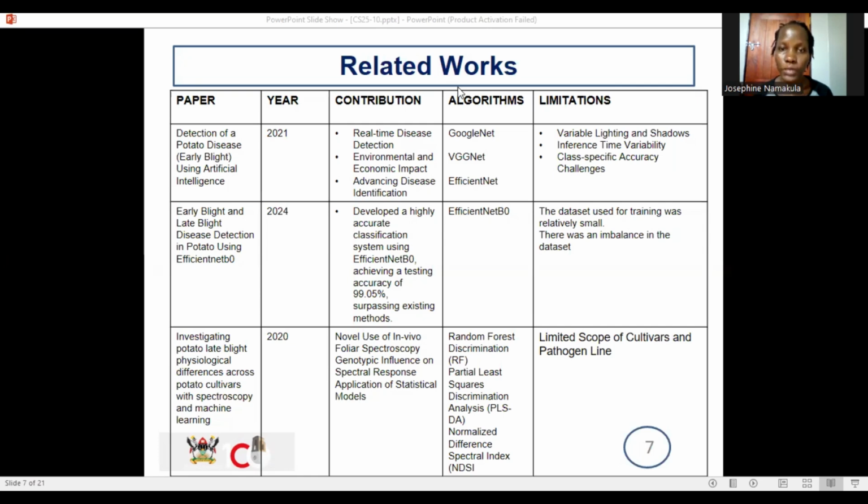First of all, we got our data set. It had 6 classes: late blight, early blight, healthy, virus, fungi, and other pests. So we considered only 3 classes, which is late blight, early blight, and healthy.